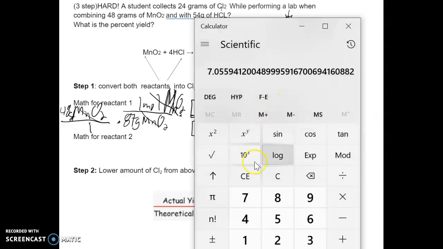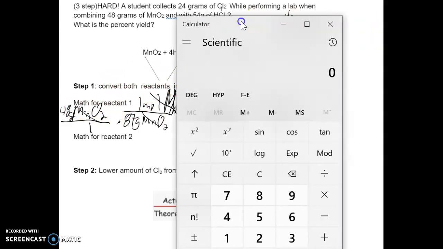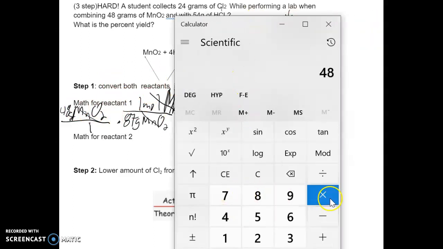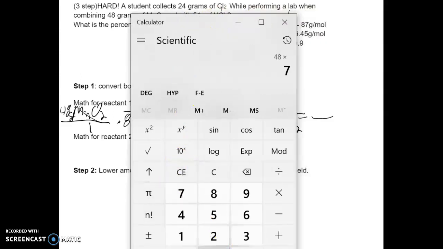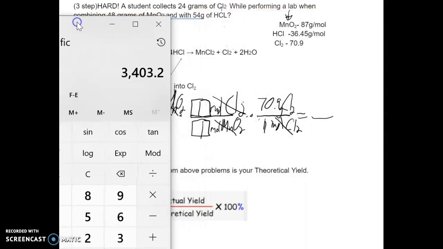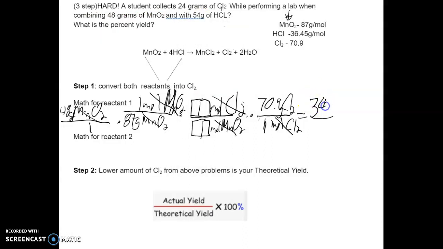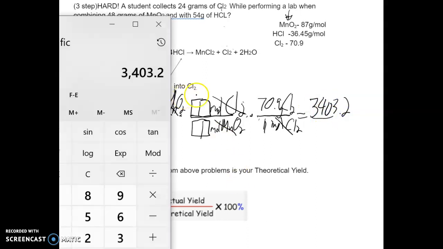Let me grab my calculator. 48 times 1 times 1 times 70.9 equals 3,403.02. Is that correct? Did I remember that properly? 3,403.